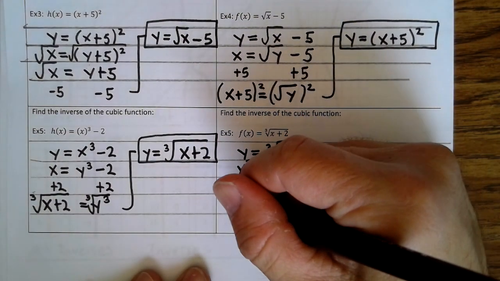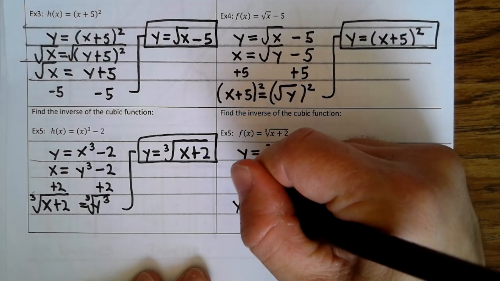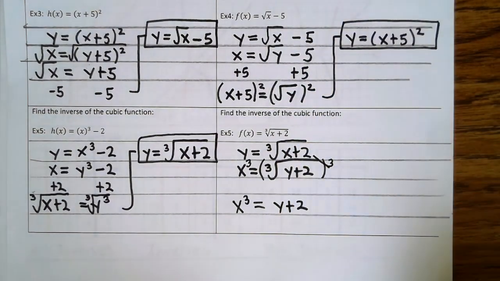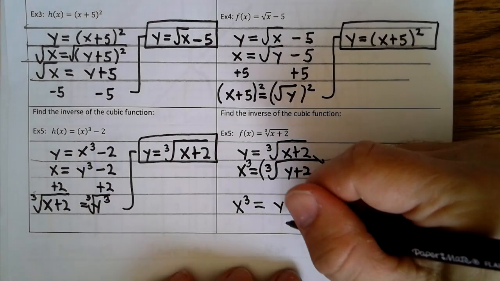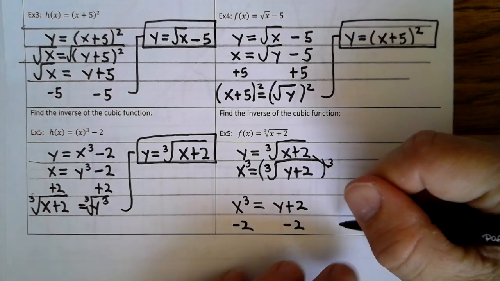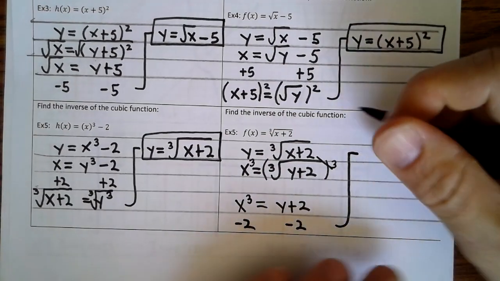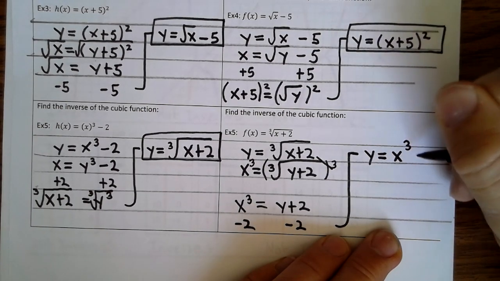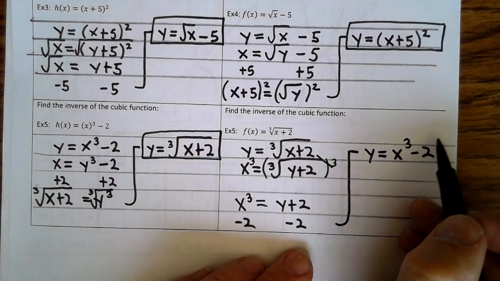So then you get x cubed equals, this becomes the power of 1, y plus 2. Subtract 2 from both sides, and you have y equals x cubed minus 2.